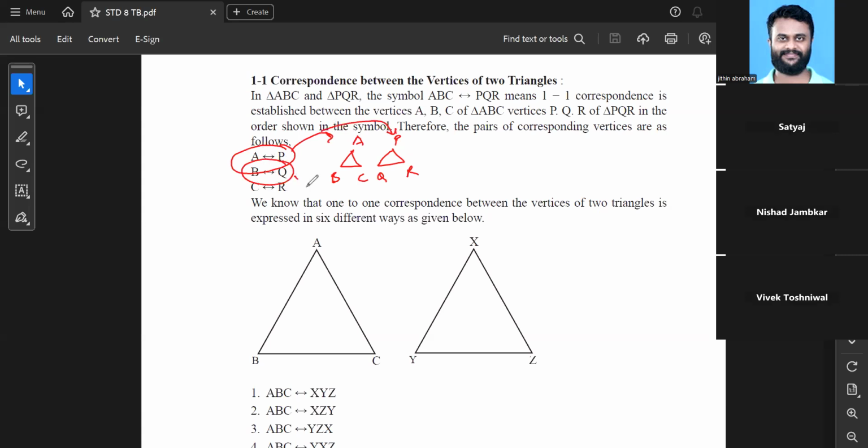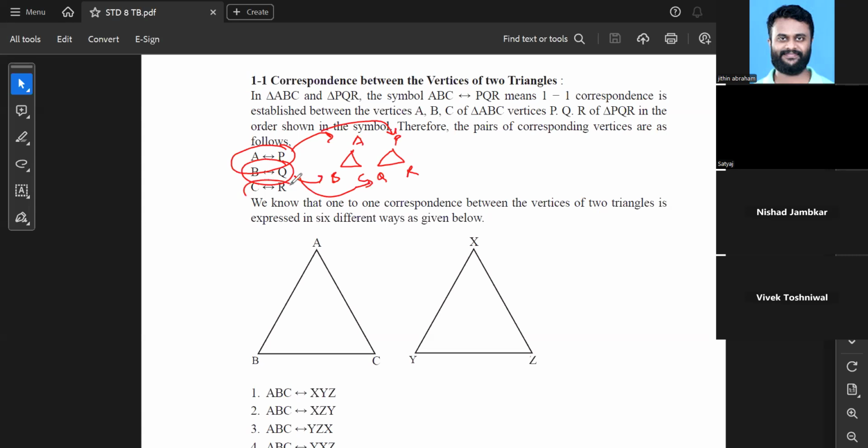This means B is corresponding to Q, and this means C is corresponding to R. Now, corresponding means, we'll cover it all in detail. Don't worry. So, in general, whenever we wish to say that one vertex is corresponding, or representing, or duplicating, or becoming the same as the other vertex, we show them with the help of a symbol, the double-headed arrow.